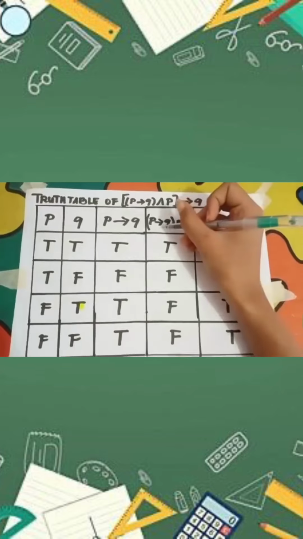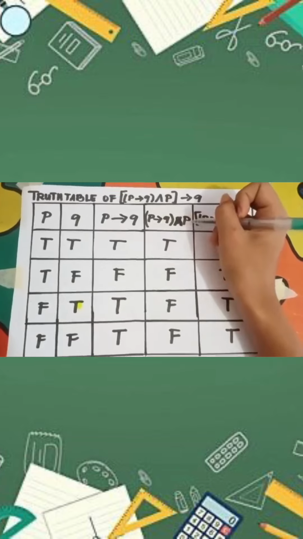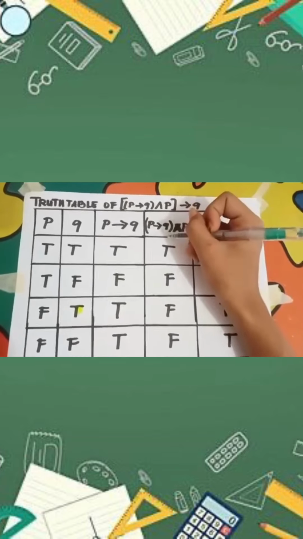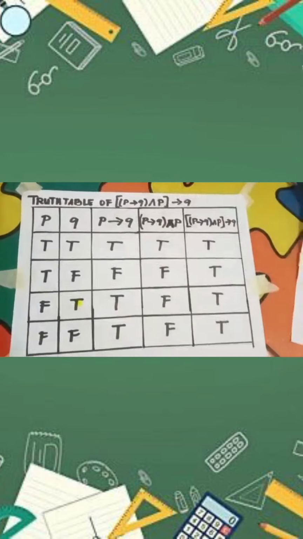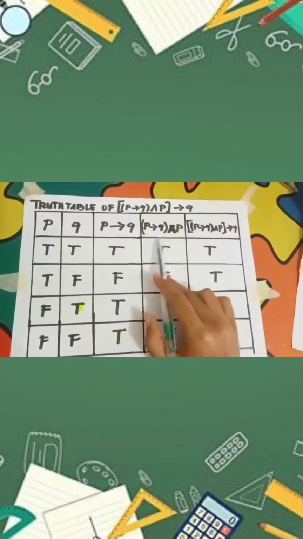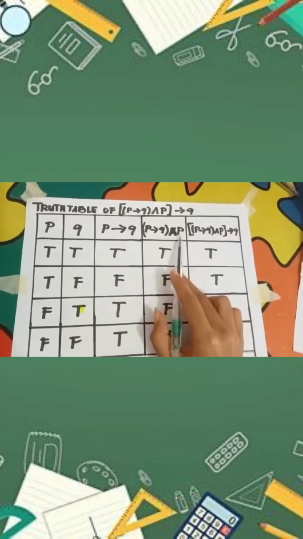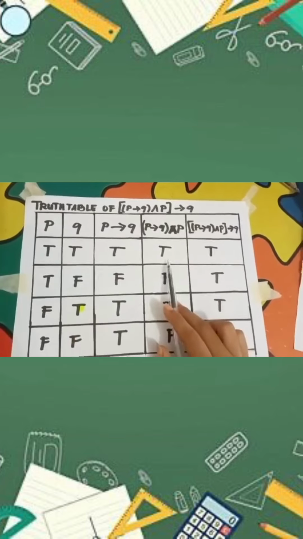Next, in this column, the combination of the first premise and the second premise, to determine whether this is true or false. If our first premise is true and our second premise is true, we have true.